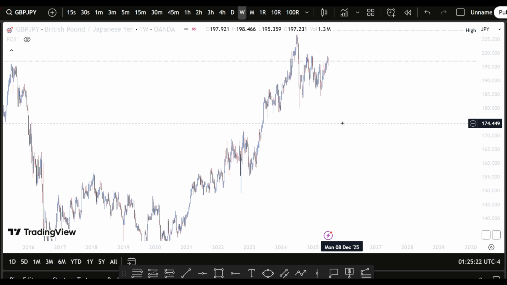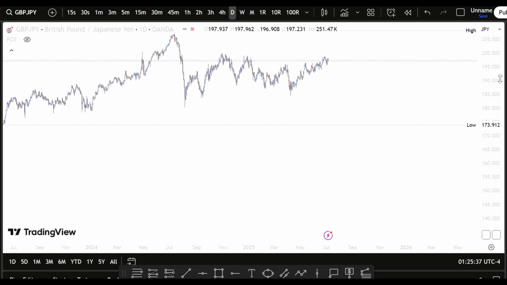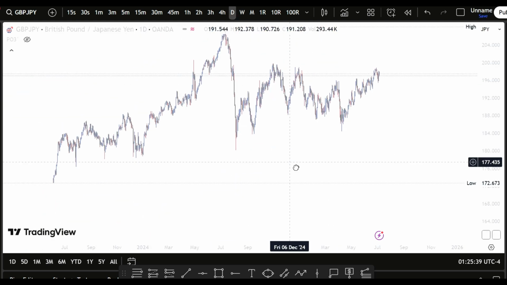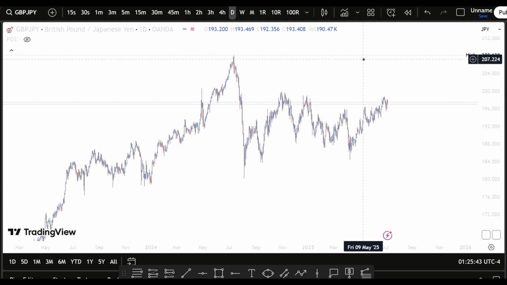They don't use all the support and resistance that we use. They buy at a certain level, and most times, the levels at which they buy are basically the levels where retail traders will have their stop losses.